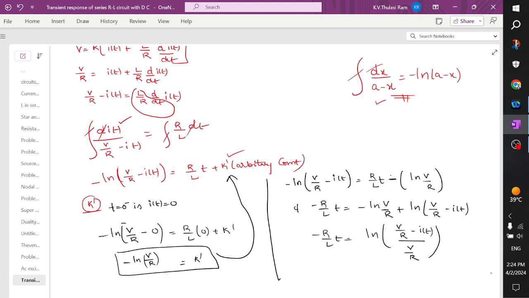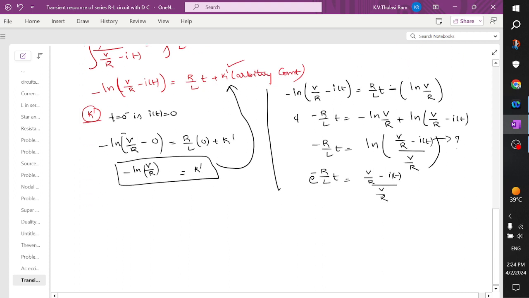Now note this, we require the expression of I. When the ln comes to this side, we can write e to the power minus r by l into t is equal to v by r minus I of t divided by v by r. So we require the expression of I of t.